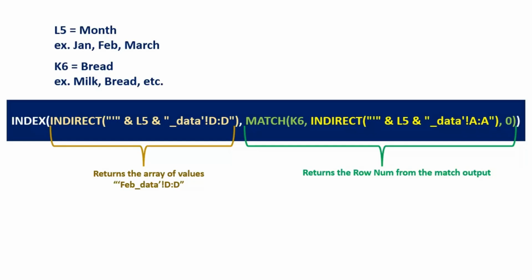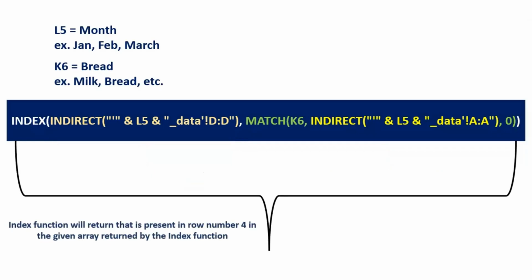So now we have an array of values captured in column D of feb_data, and we have the row number. These are both arguments: the first one being the INDIRECT here and the second one being the MATCH here. Here we have the array of values present in column D of feb_data, and here we have derived, using the MATCH function, the row number value, which is 4.